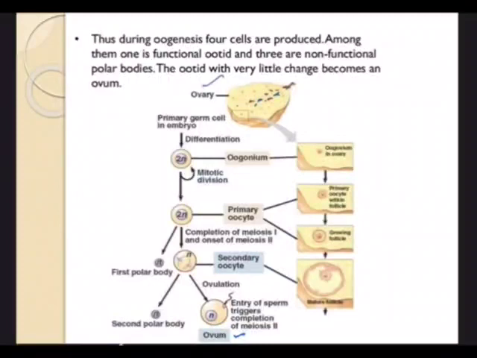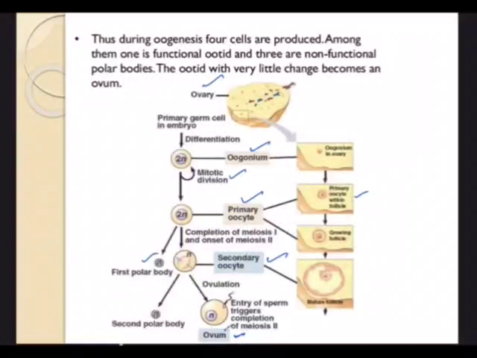Look at that, the ovary, and many cells will be there. They undergo cell differentiation and form oogonia. Oogonia will undergo mitosis and form primary oocytes, and the primary oocytes will have a layer, the primary follicle, and then it undergoes 2 divisions, meiosis 1 and meiosis 2. The secondary oocyte will be formed, the first polar body will be there, and this secondary oocyte will further form the functional ovum.